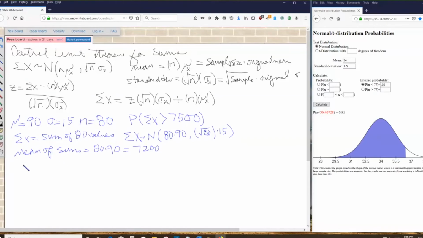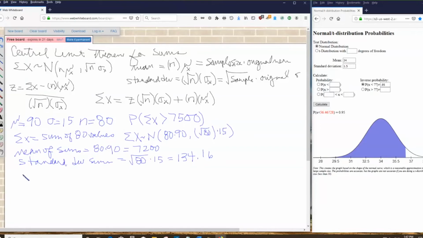The standard deviation of the sums is going to be the square root of 80 times 15, which gives me 134.16.